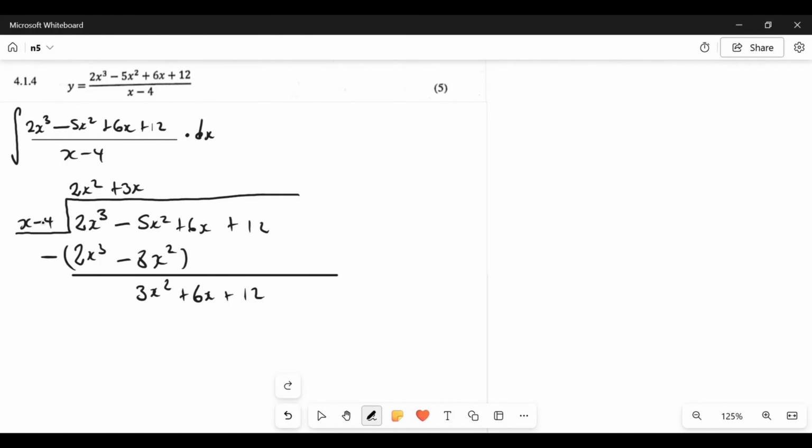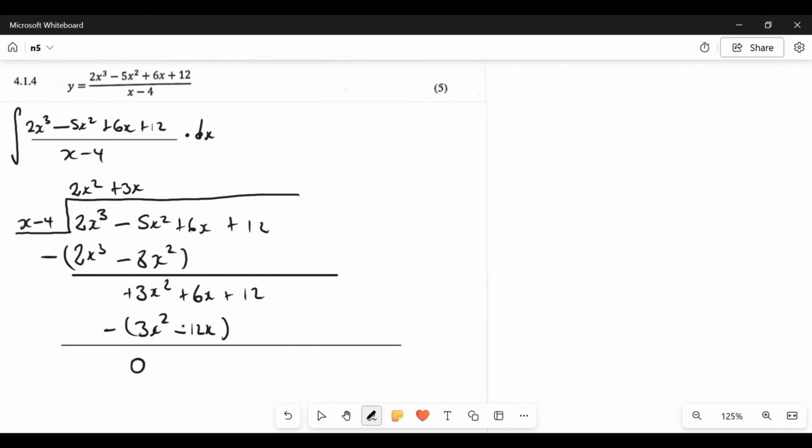So what is x multiplied by 3x? This here is going to give us 3x squared. There we go. And then what is 3x multiplied by negative 4? That is going to give us negative 12x. Then we put this inside the bracket. We multiply by negative to change the signs. Right. So if we change the sign here, this negative 3x squared and that positive 3x squared, they're going to give you 0.